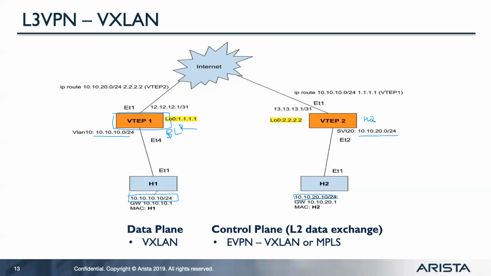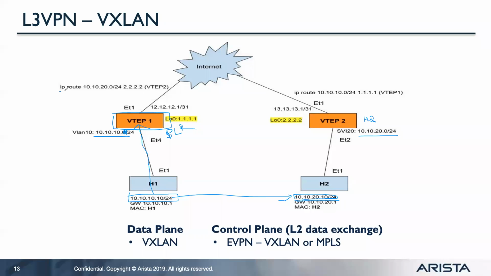Now let's say this host H1 wants to communicate to H2. It will send the packet to the gateway first, let's say 10.10.10.1 here. Now it will look for the destination route, 10.10.20.10 destination IP.